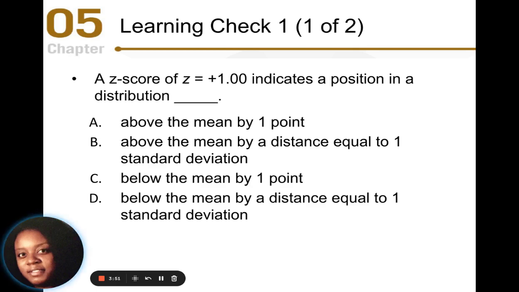Let's go ahead and have our first learning check for chapter 5, which says a z-score of z equals plus 1 indicates a position in a distribution that's A, above the mean by 1 point, B, above the mean by a distance equal to 1 standard deviation, C, below the mean by 1 point, or D, below the mean by a distance equal to 1 standard deviation.